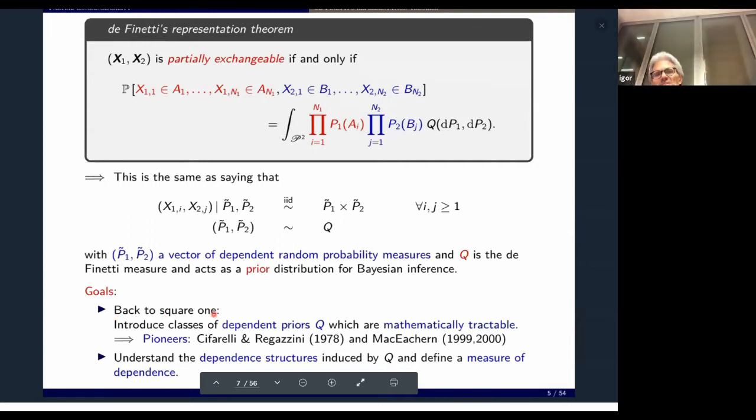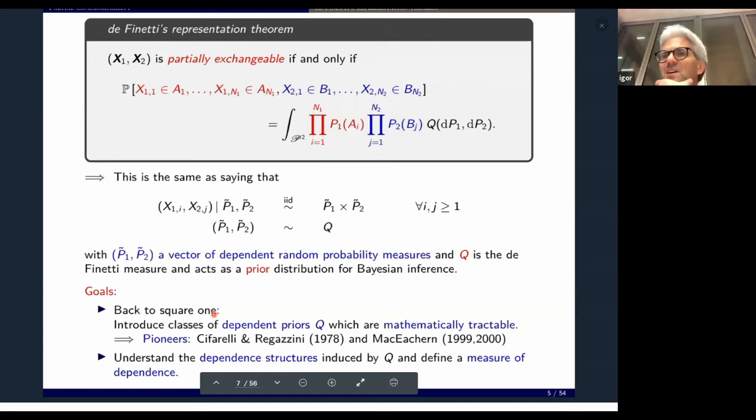As I mentioned in the first lectures, the theoretical framework of de Finetti was laid out between the 20s and the 30s, and then it took until 1973 to get a breakthrough in the sense of having a concrete non-parametric prior to work with, and that was the Dirichlet process by Ferguson. The same here.